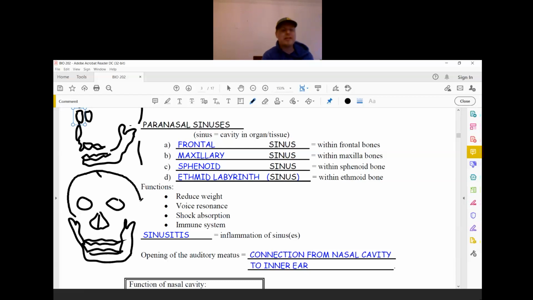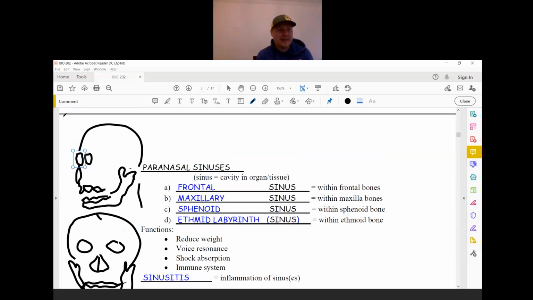And of course, that's not to the scale, but that gives us a good starting point of what we might want to spot from the paranasal sinuses. So as you remember, sinus was a cavity, empty space within an organ or tissue. And since we're talking of the region of the skull and face, it's going to be paranasal sinuses that we're going to have a look at.